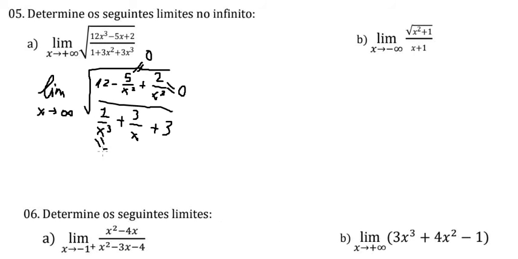This one goes to 0. This one goes to 0. And this one goes to 0. So we just have number 12 and number 3. And we get the square root of number 4, and that's number 2.